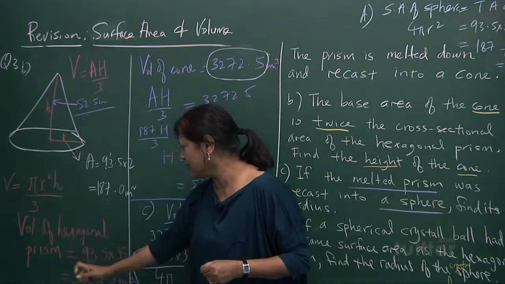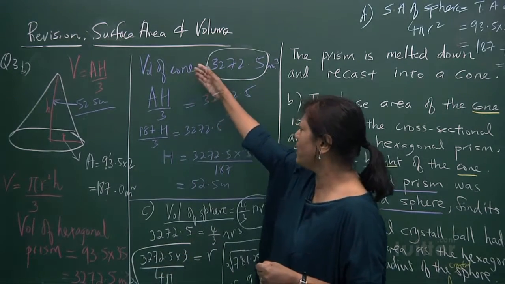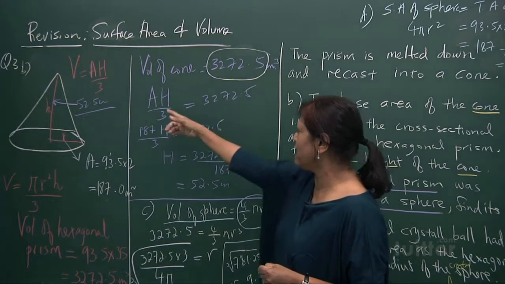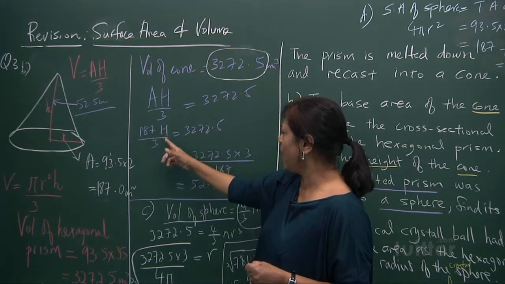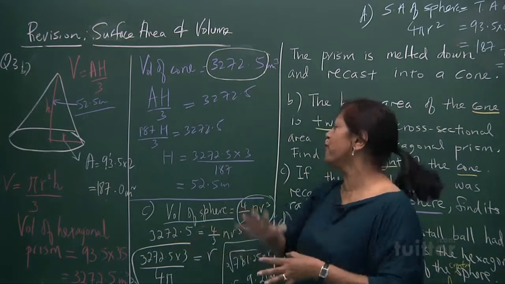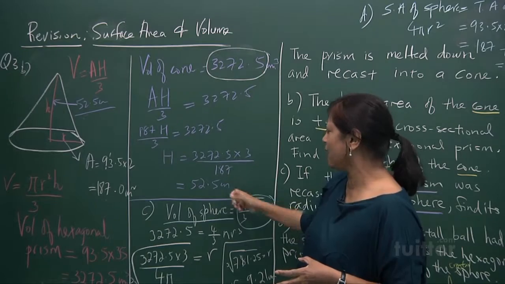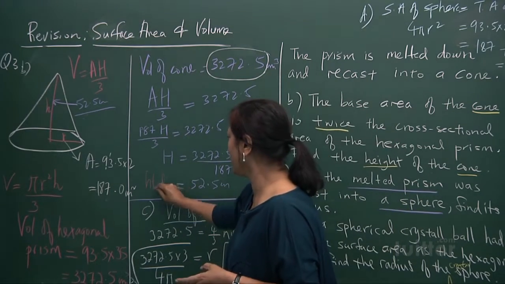The volume of the hexagonal prism equals the volume of the cone. You put it in, you know the area of the base, you've got that, and all you need to find is the height. It's just a manipulation of the formula, and that gives the height of the cone.